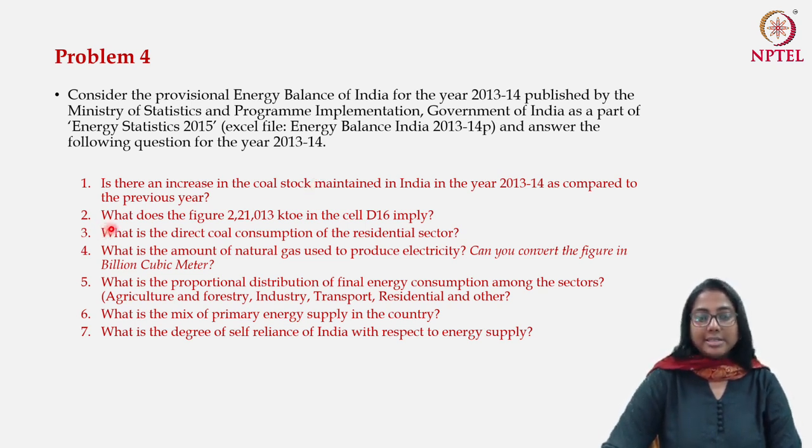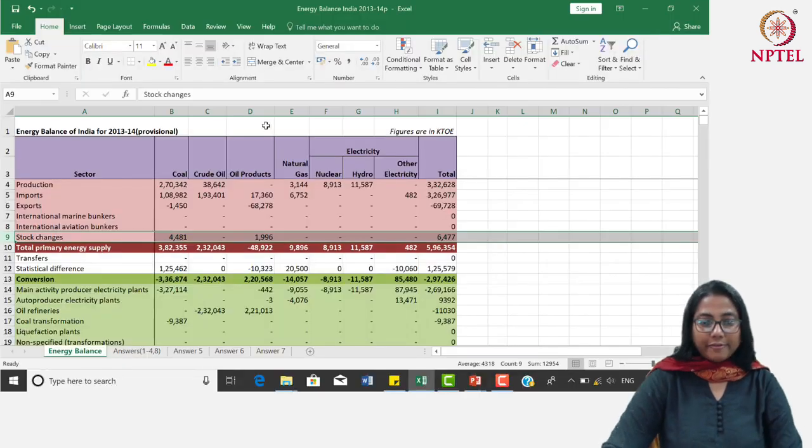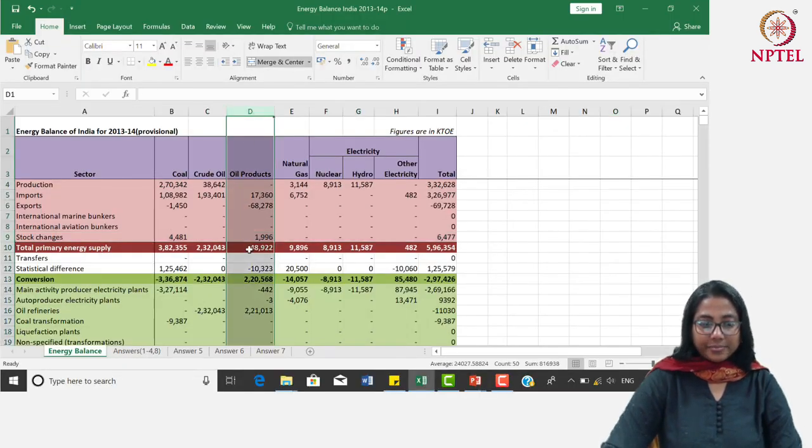Let us next go to the second question. What does the figure 221013 kToE in the cell D16 imply? If you look at the cell D16, this is the cell that we are talking about, this 221013. So the question is, what does this figure imply?